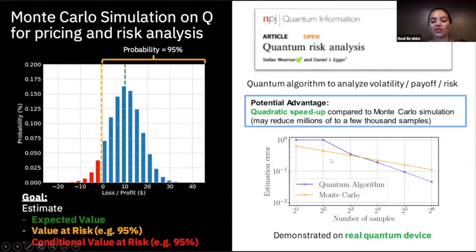If we look at this graph on the bottom right, we see that although the classical algorithm begins with a lower error than the quantum algorithm, the quantum algorithm quickly catches up and is expected to surpass the classical algorithm in terms of lowering the error on its estimate more quickly with the number of iterations.